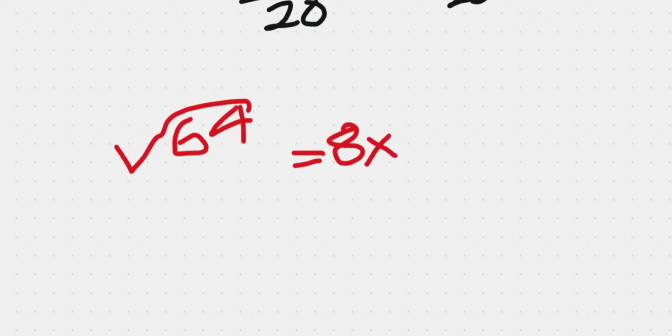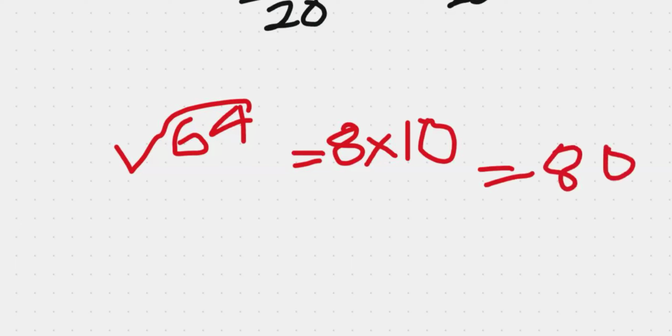Then 10, put an imaginary 1 there. Then take one of the 0s you kicked out from 64,000 and put it here. Then times, which is 80. Easier and faster.